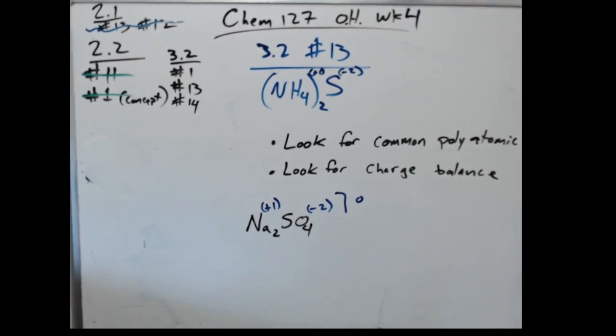We only specify the number of things attached in situations when there's lots of possibilities. That's going to be covalent compounds. So when you talk about nitrogen monoxide or nitrogen dioxide, that's because those covalent compounds have more than one option. We haven't gotten there yet, though. But that's why we don't do it here, even though in your head you're like, I thought we say how many there were.